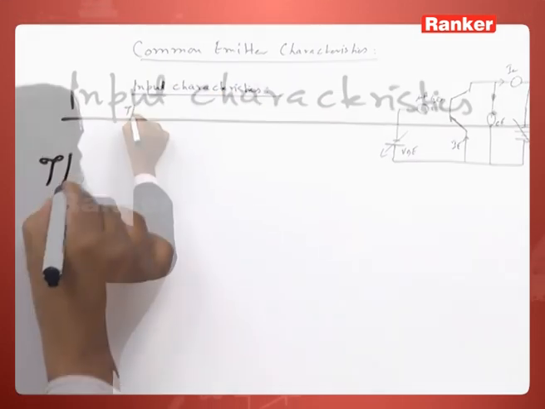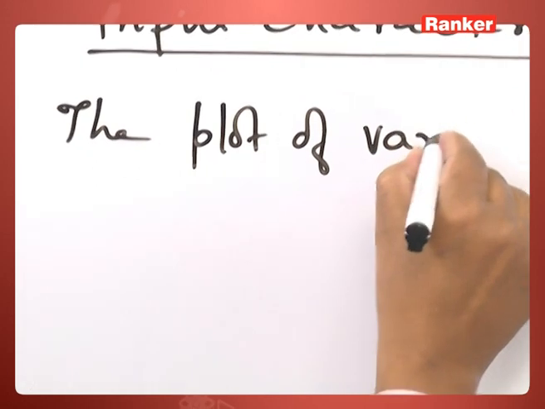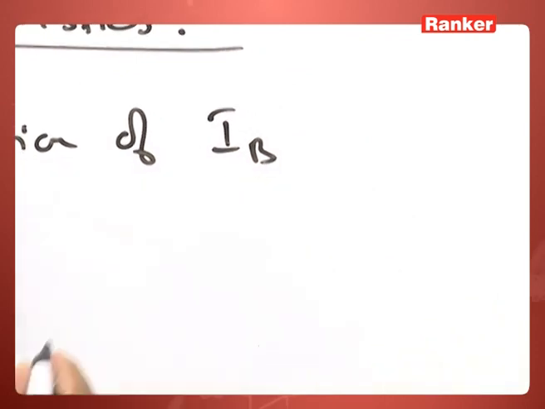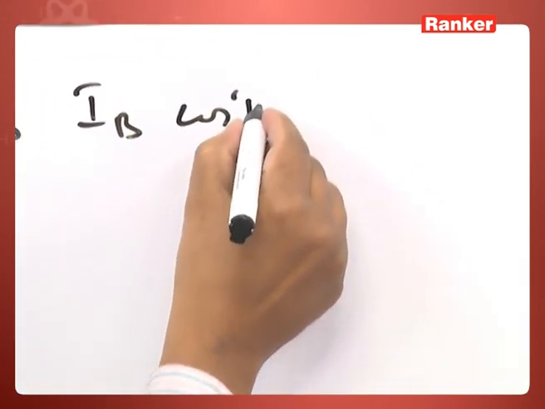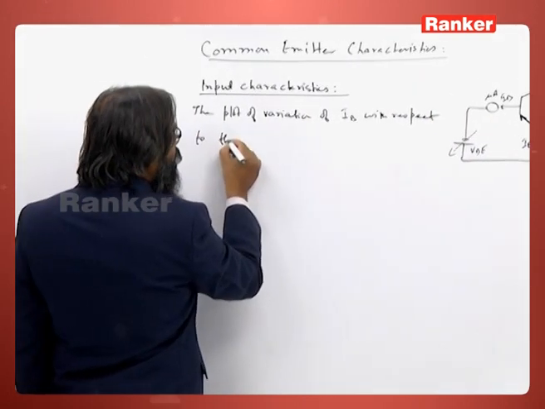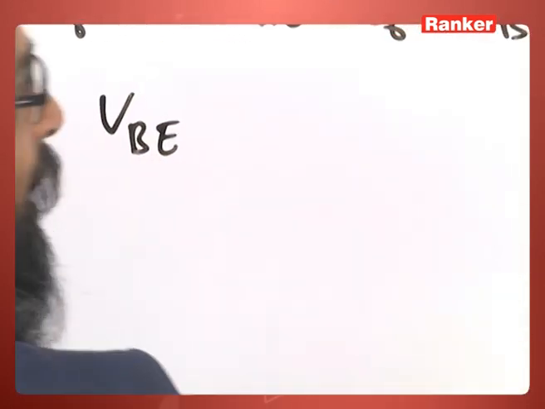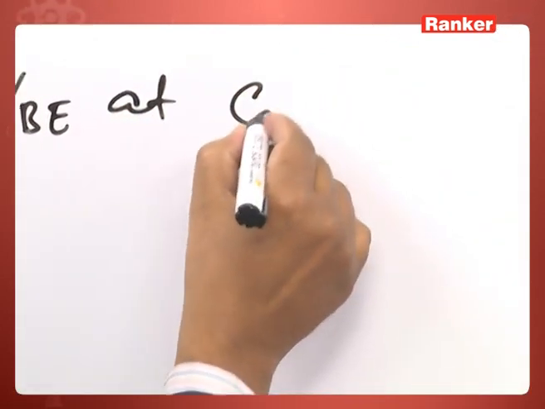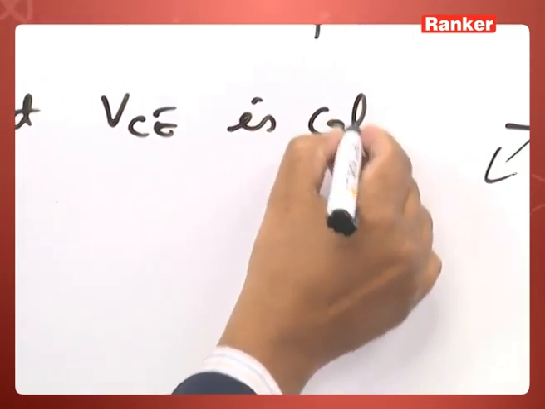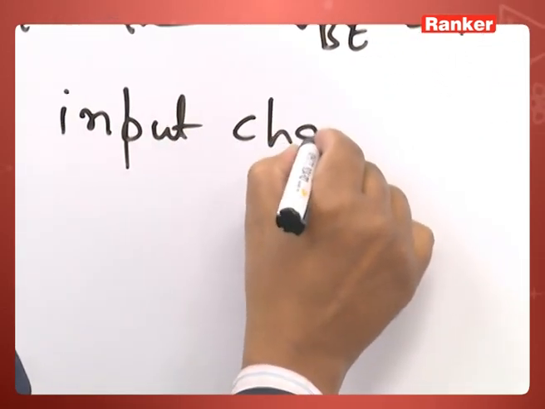Now, the plot of the variation of IB, that is the base current, with respect to VBE, that is the emitter base voltage, at constant VCE is called input characteristics.